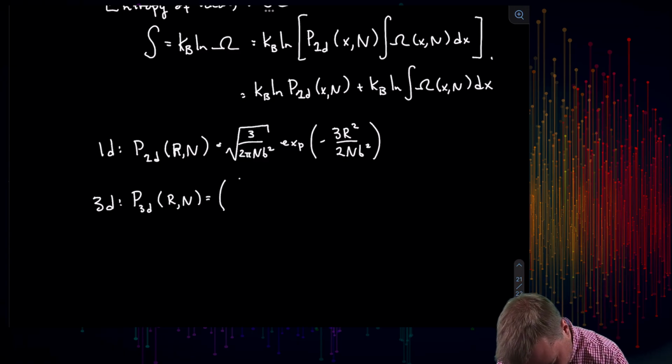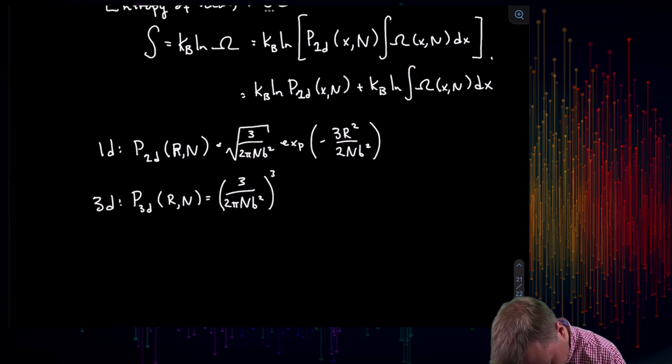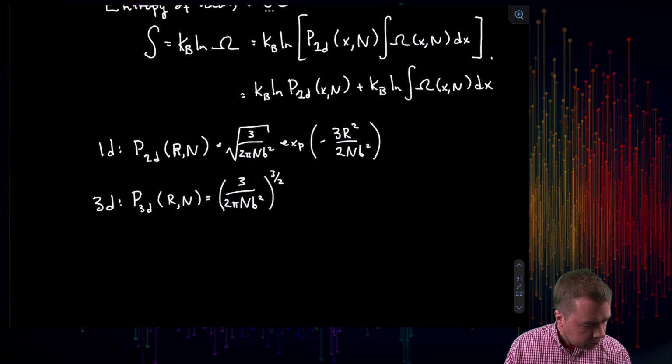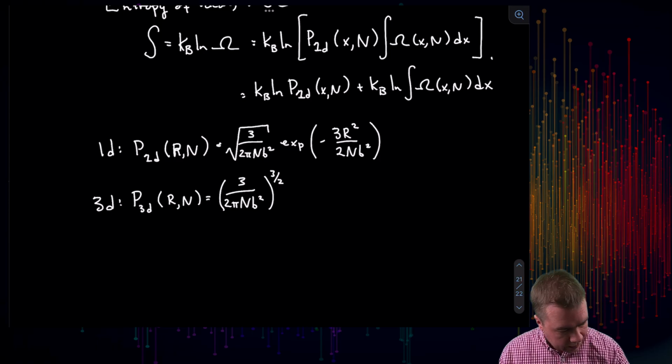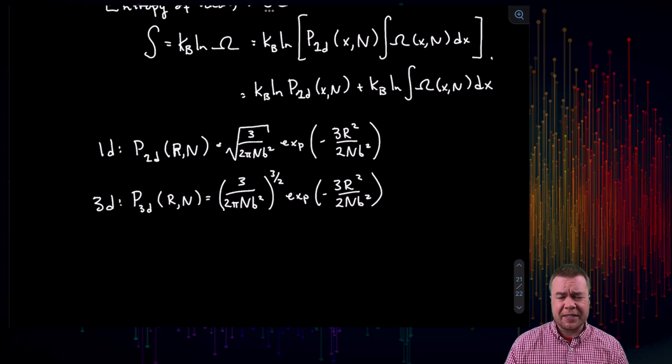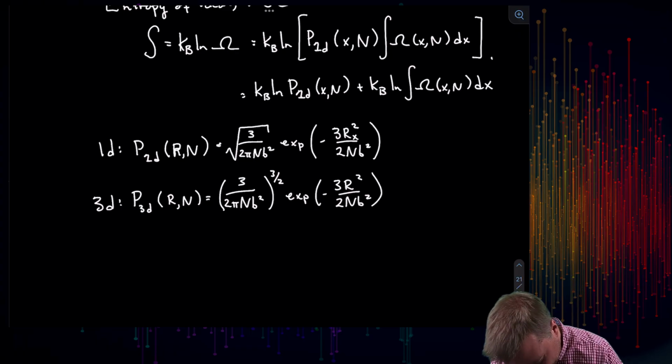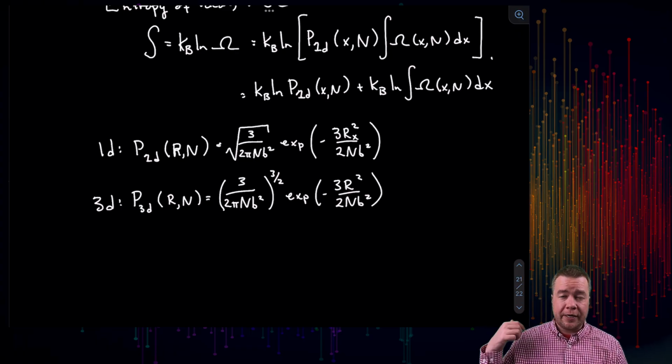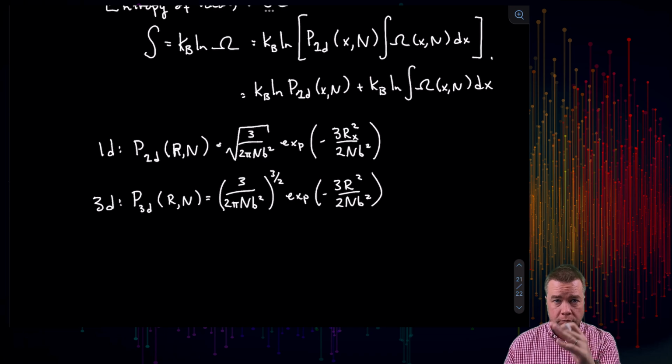But it comes out to be 3 over 2 pi nb squared to the 3/2 power, and then the same looking term, right? So the exponential of minus 3r squared over 2nb squared. If that's kind of confusing, you can think about this as r in the x direction, whereas this r for the 3D case is the r in all directions.